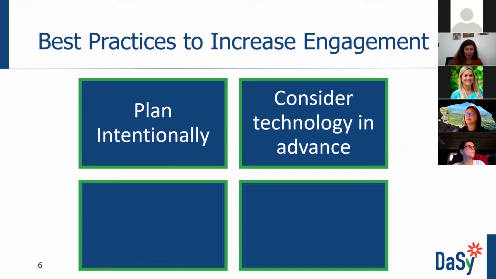So the second best practice is to really consider your technology in advance and clearly communicate this information to all of your participants. So you want to level set with foundational information about the technology that you will use and that participants should have access to, especially if you're going to be meeting regularly.